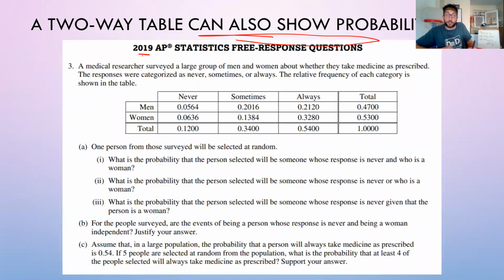So we look here, this is a 2019 AP Stat Free Response question, and this shows a person's gender and then their response to some question, right? But here we're not seeing the number of people, we're looking at the percent or probability for each. So just to be aware that can happen.